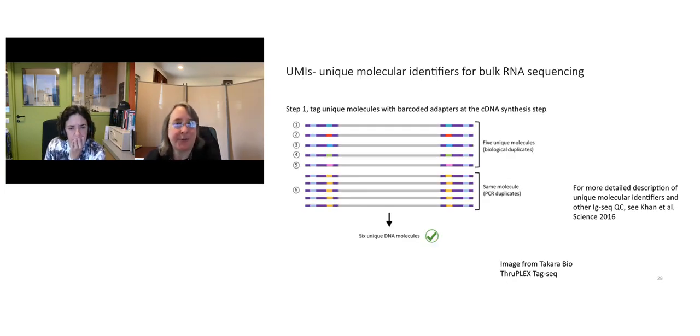Unique molecular identifiers are another way of potentially correcting for sequencing error. The example I'm showing here is using bulk RNA sequencing, and at the cDNA synthesis step, you introduce adapters that have unique DNA sequences in them that can then be used to tag the individual cDNA template.